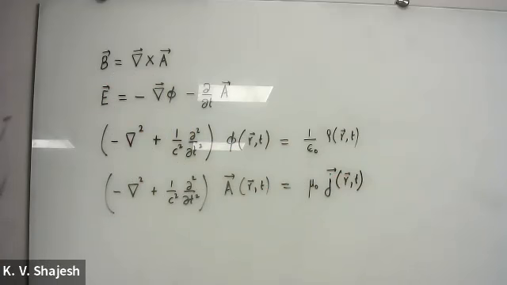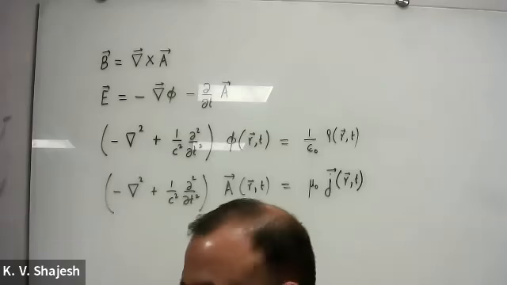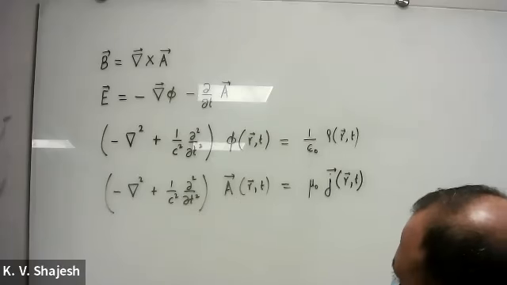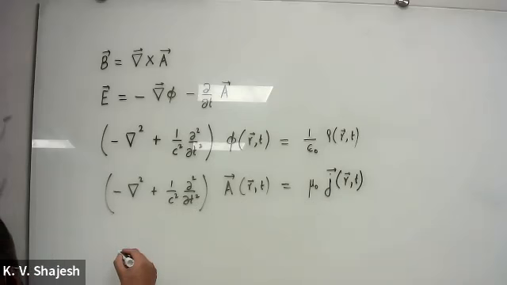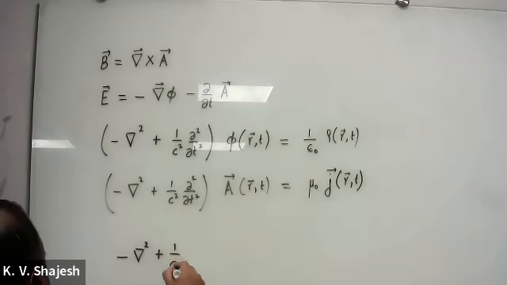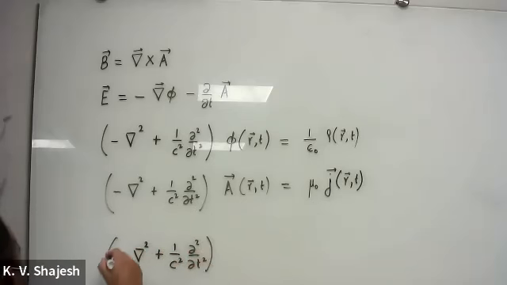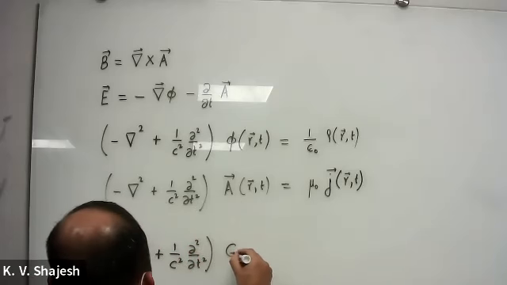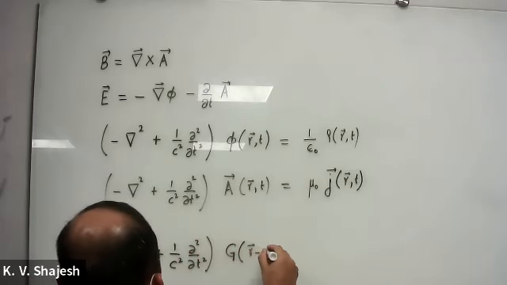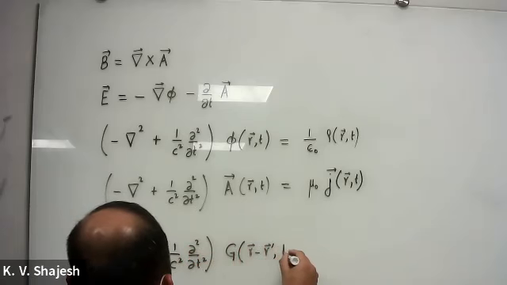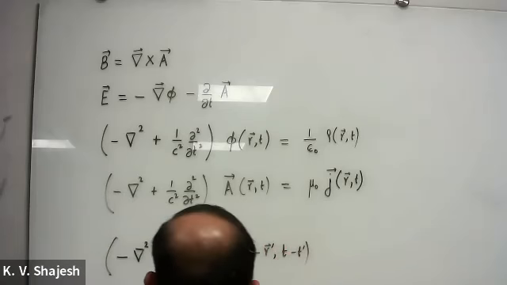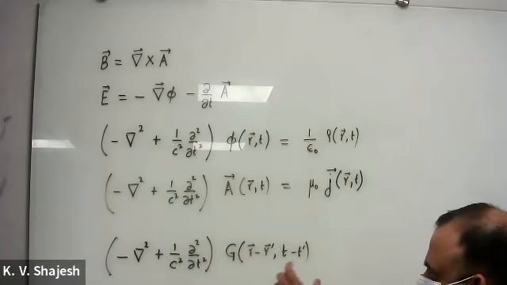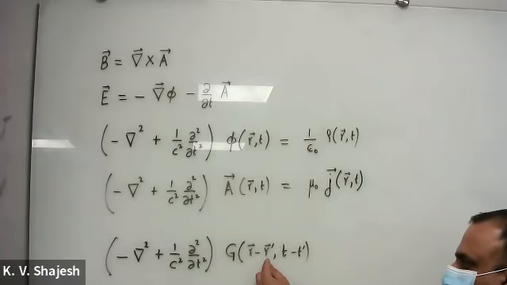For this purpose, we said if we want to work in this scenario, it's good to construct a Green's function. So we went ahead and constructed the Green's function, which is G of r minus r prime and t minus t prime. We are saying that there is a single point charge at position r prime at time t prime.